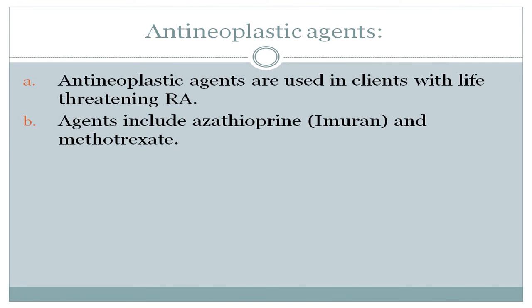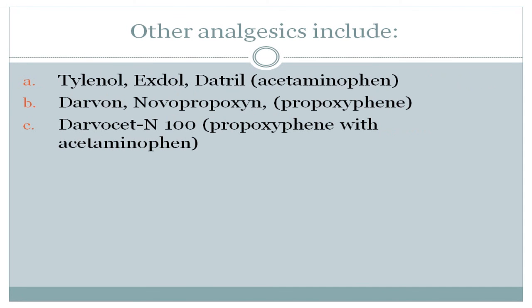Okay, so anti-neoplastic drugs are types of chemotherapy drugs. They're used for patients that have cancer. These are also used for patients that have life-threatening rheumatoid arthritis. And the ones that we see again are the Imuran and the methotrexate. Again, when we give a person something that's anti-neoplastic, it suppresses the immune system.